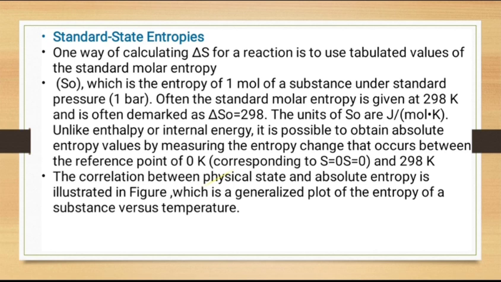So, S0 is the entropy of 1 mole of a substance under standard conditions when pressure is 1 bar. And often the standard molar entropy is given at 298 Kelvin, and the units of entropy are joule per mole per Kelvin.